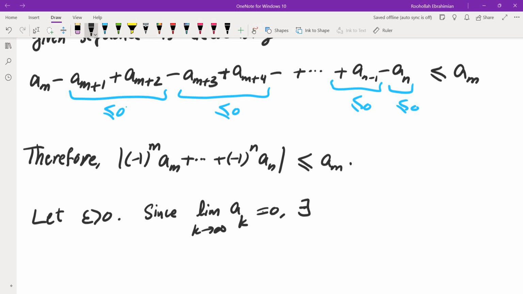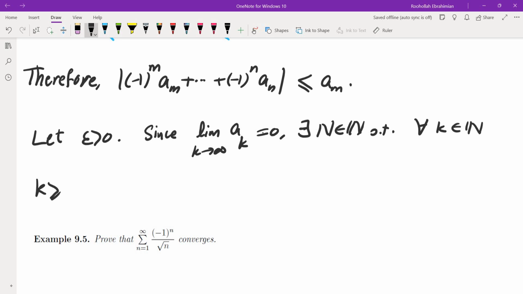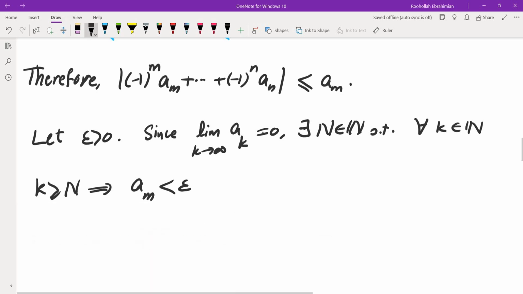Since a_k approaches 0 as k goes to infinity, there is some integer N such that for every integer k greater than or equal to N, a_k is going to be less than epsilon, since a_k approaches 0.